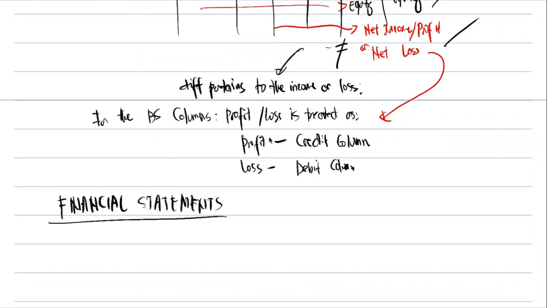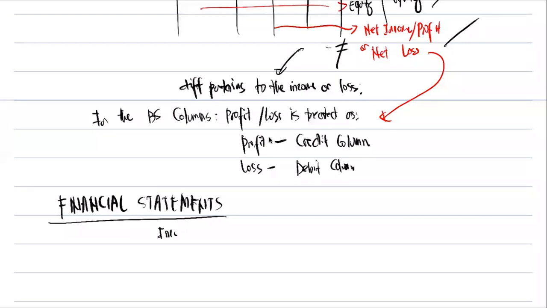Financial statements are your instruments to report the activity of the business, whether it is operating effectively and efficiently or not. So this is the end process of accounting. This is the report of your accounting process, the financial statements. And in AA 100, we will only prepare two financial statements.